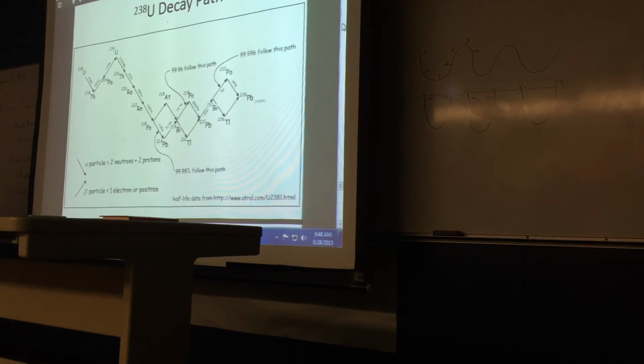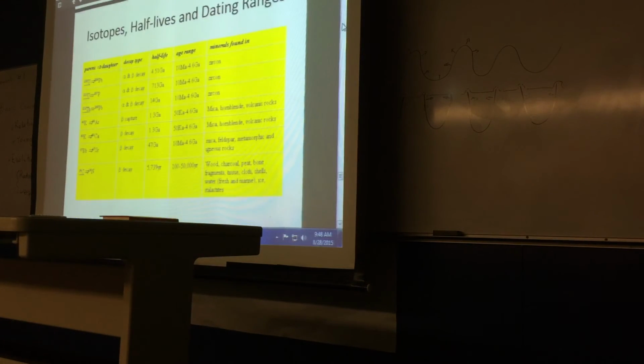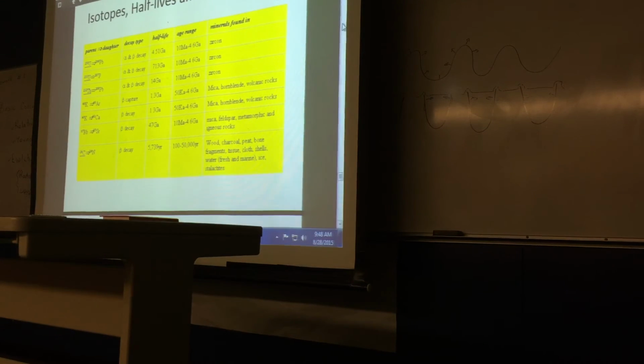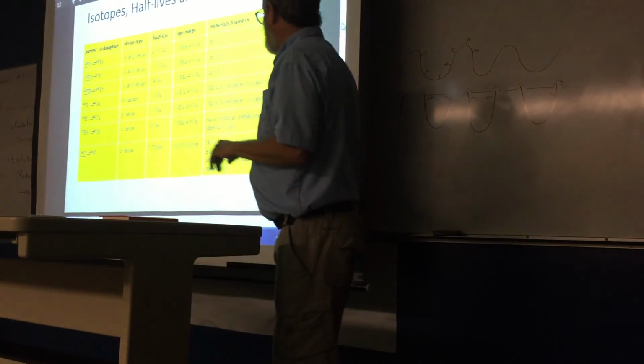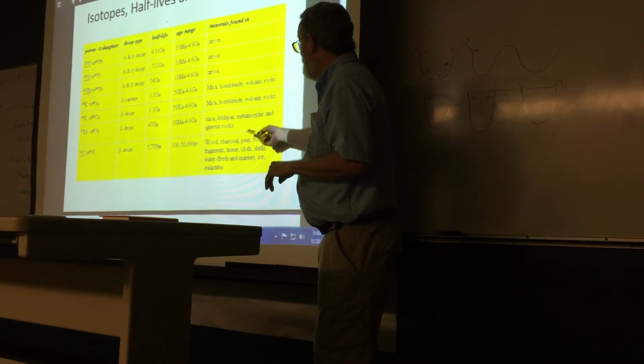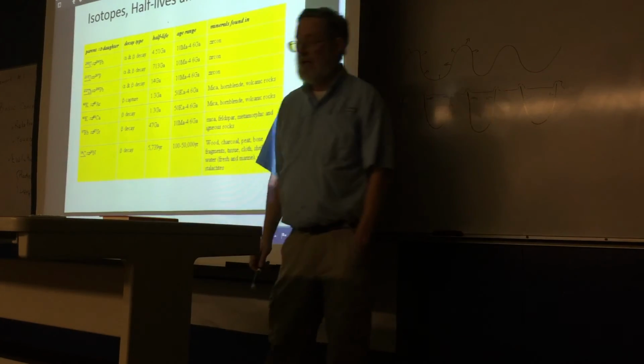And so you can work out very nicely to an amazing degree of accuracy what the absolute age of a material is, depending on what materials you have present at the beginning. The most common materials that we use are zircons, micas, hornblendes. In here, we have some wood and charcoal that we can use for carbon and nitrogen dating.